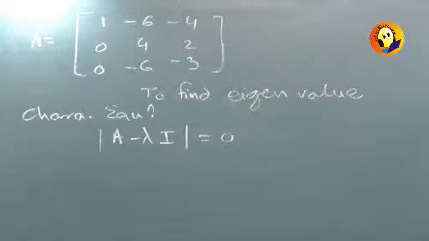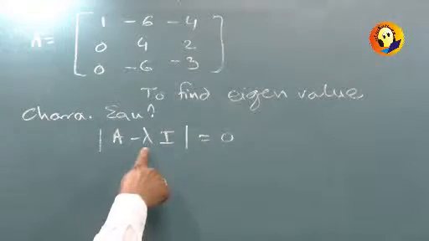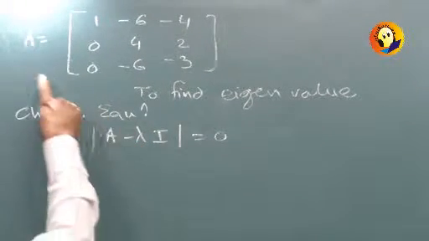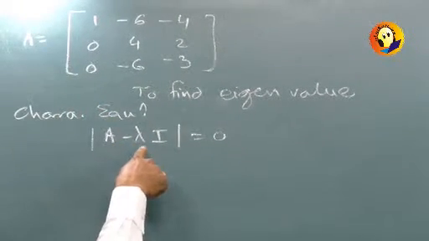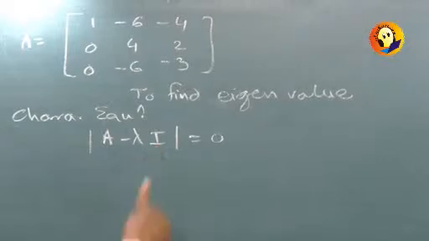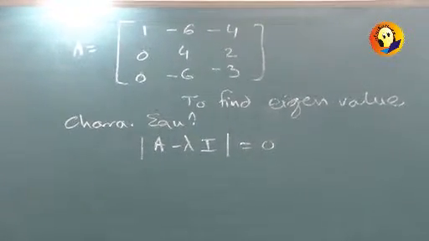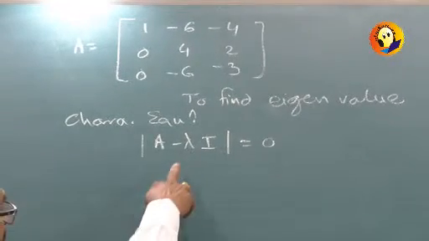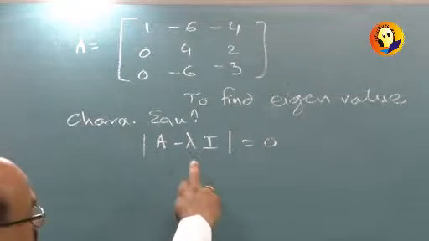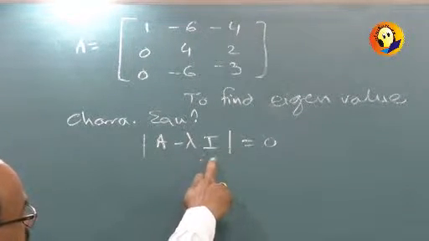Now lambda is just a scalar quantity, and so when we subtract, A minus lambda I, the identity matrix is 1 0 0, 0 1 0 and 0 0 1, and when you multiply by lambda it will be lambda 0 0, 0 lambda 0 and 0 0 lambda.